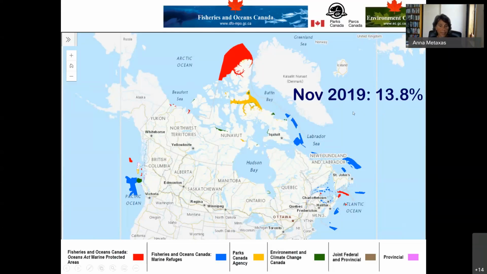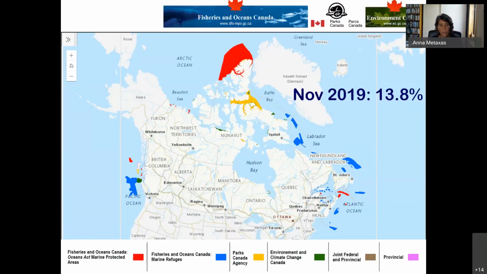And you may think this is great, but a large chunk of those numbers is, for example, this large area here that we see in the Arctic. And there's also these areas in blue. Most of it, as you can see, is this other effective measures and not actual marine protected areas.